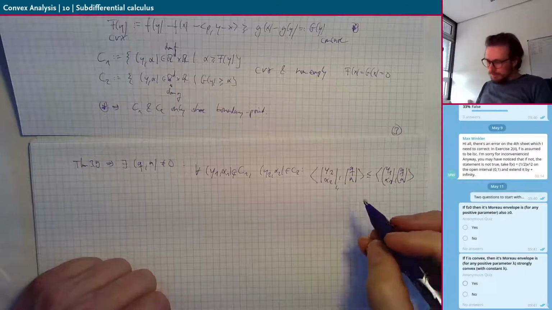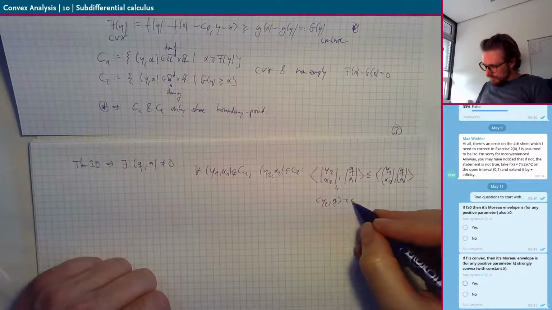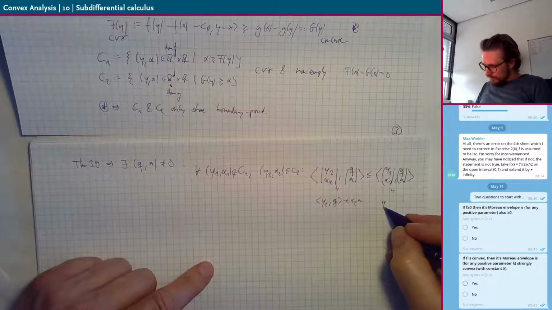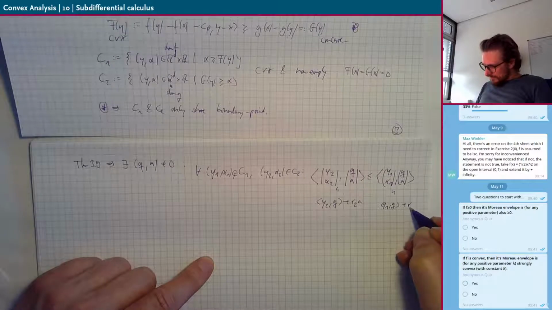Put differently, y2 times q plus alpha2 times a is smaller or equal to y1 times q plus alpha1 times a.